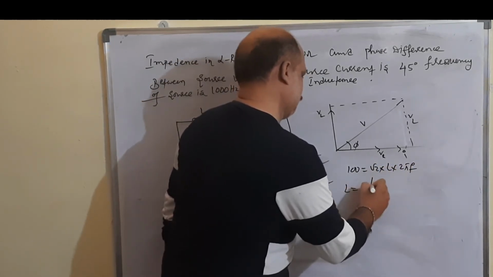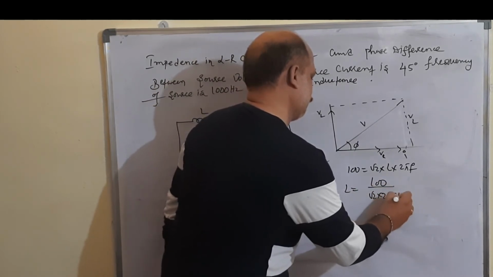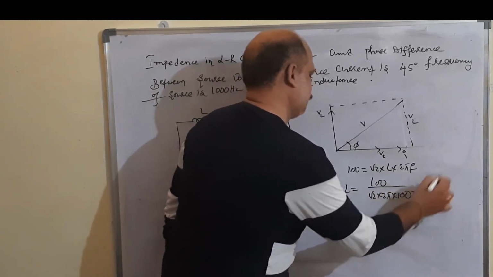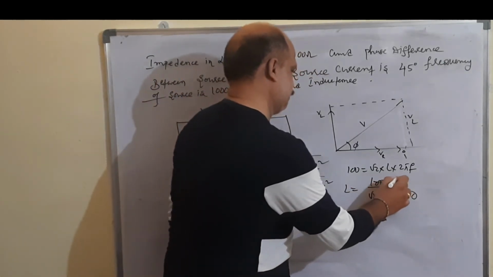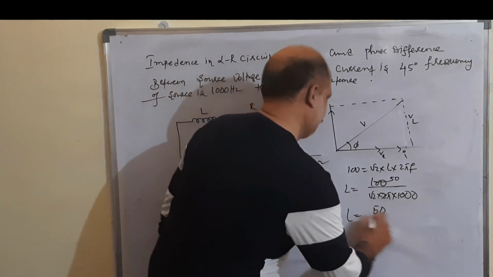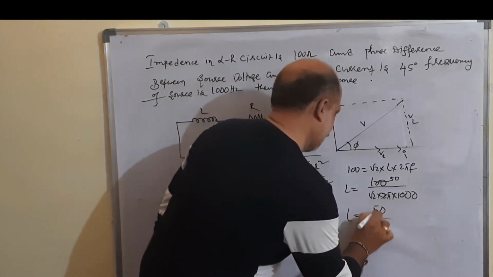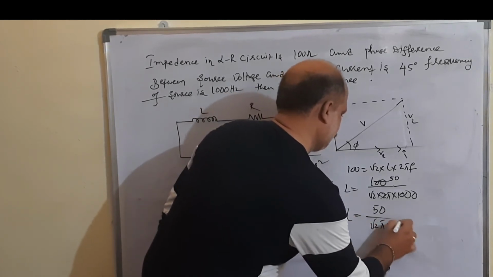So L is equal to 100 by root 2 into 2 pi into 1000. Okay. So 2 1s are 250. So L is equal to 50 by root 2 pi into 10 cube.